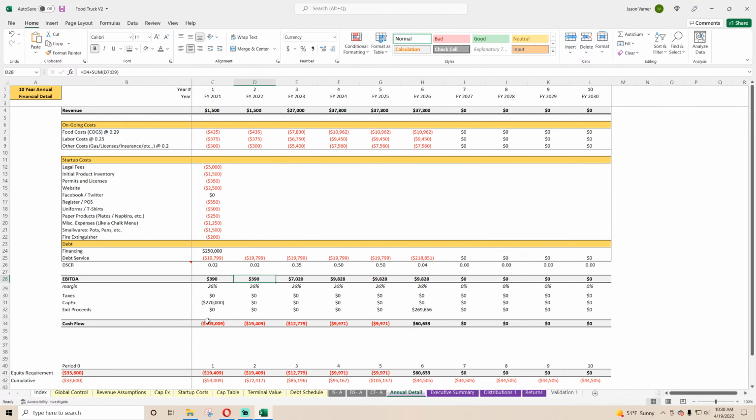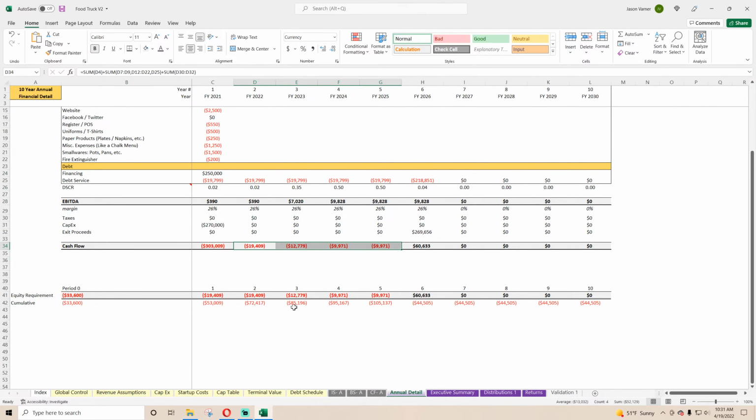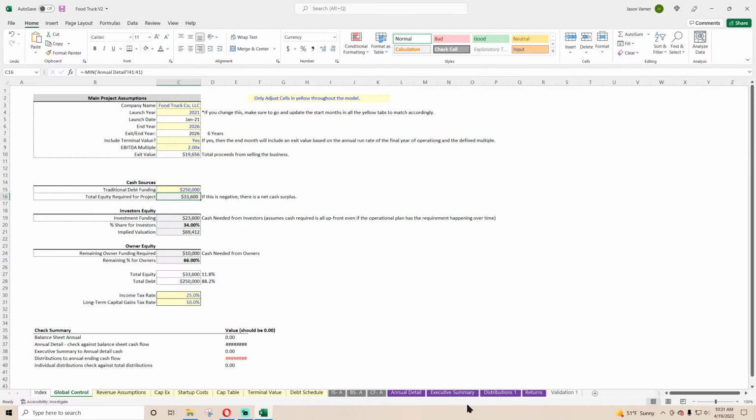Oh, no, no, no, I'm looking at the wrong row. So I want to see cash flow. So here you would have operating losses if your gross profit, EBITDA, wasn't greater than debt service and then any other costs. And then your minimum value would be the equity required. So now you're at 33.